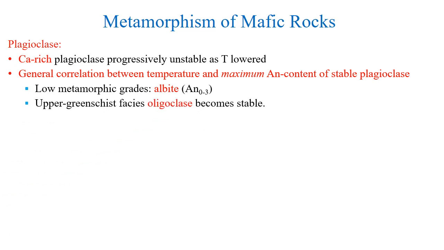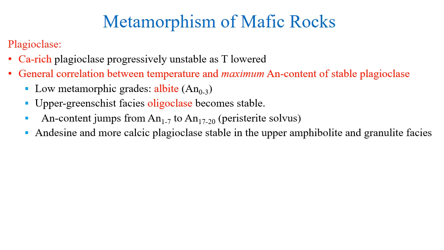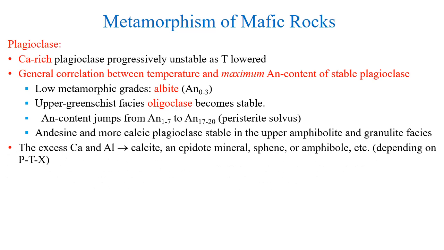Upper greenschist facies tend to favor oligoclase, and anorthite contents jump from 1 to 7 to 17 to 20, what we refer to as the peristerite solvus. Andesine and more calcic plagioclase become stable in upper amphibolite and granulite facies. The excess calcium and aluminum can produce calcite, an epidote mineral, sphene, amphibole, and other minerals, depending on the pressure, temperature, and composition.